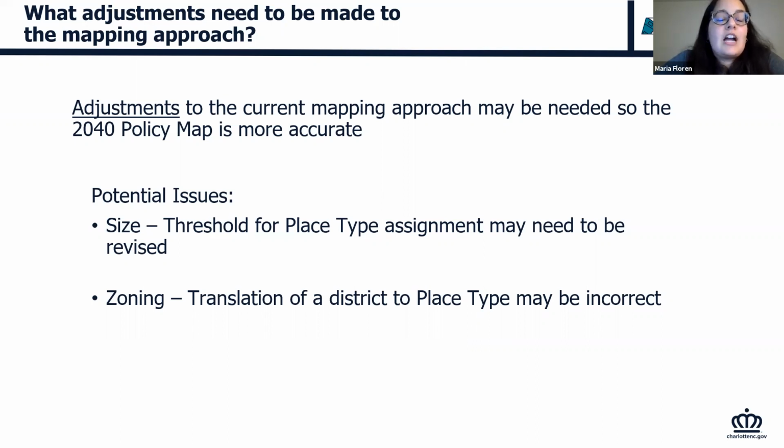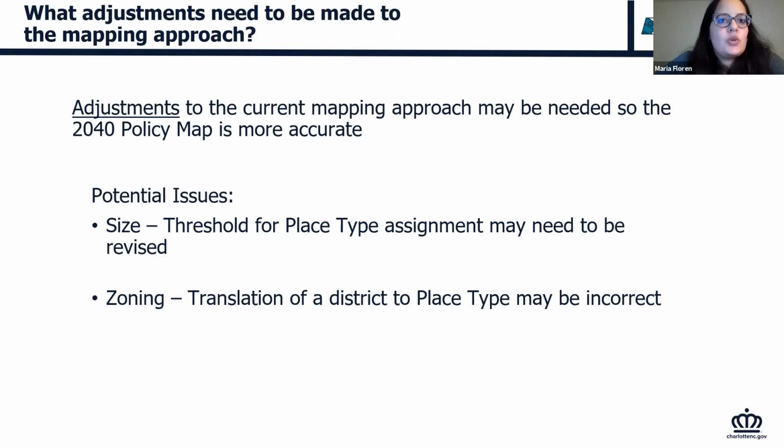A couple of examples of adjustments: if a certain site isn't showing up as the expected place type, it might be too small of a site to qualify as a separate place. In some of those cases, it might have been absorbed into the surrounding place type. So we can adjust those place type thresholds if there's enough examples of that identified scenario.